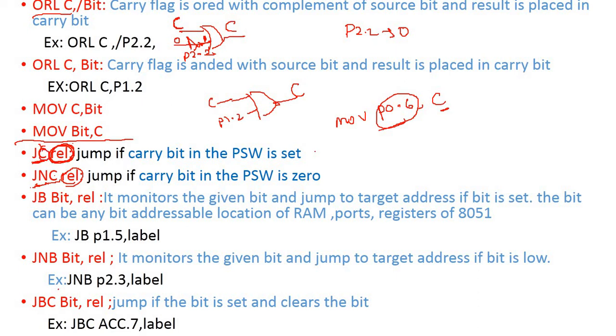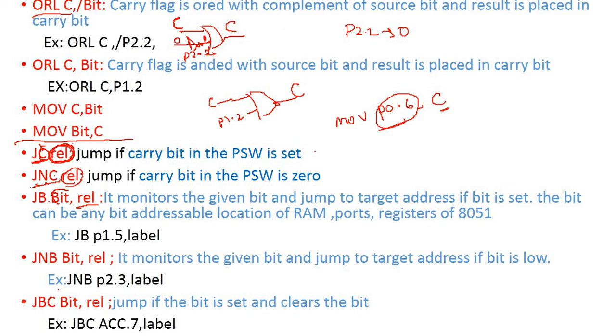Then we have jump if bit, meaning if the particular bit is set, then we should move to this relative address. It monitors the given bit and jumps to the target address if the bit is set. The bit can be any bit-addressable location of the RAM, ports, registers of the 8051.